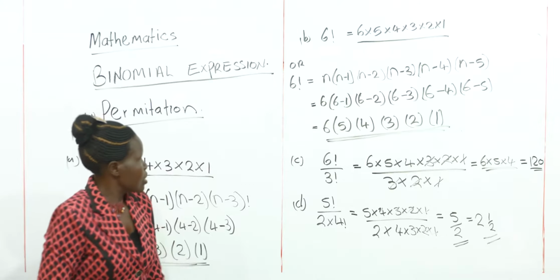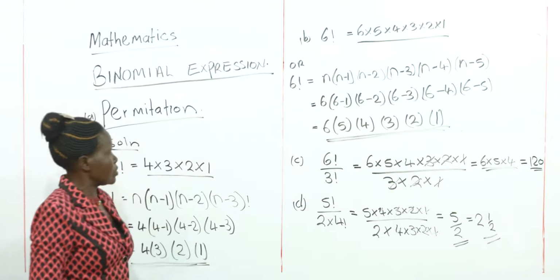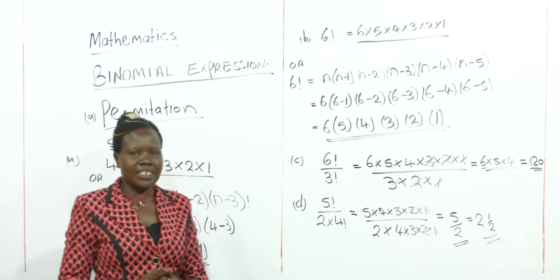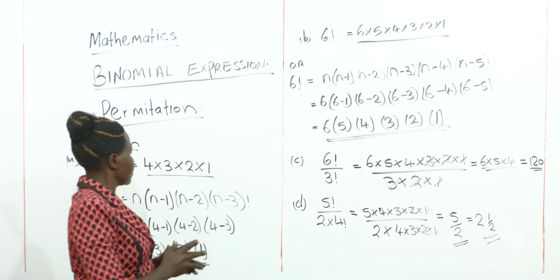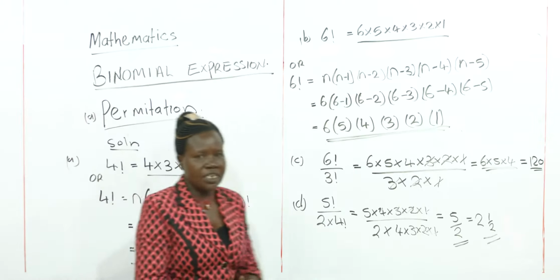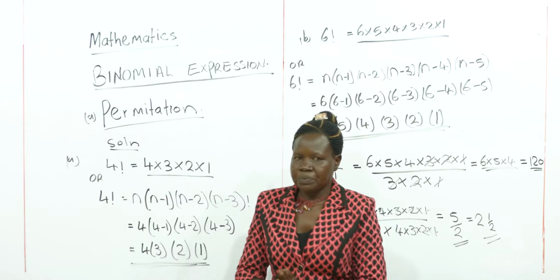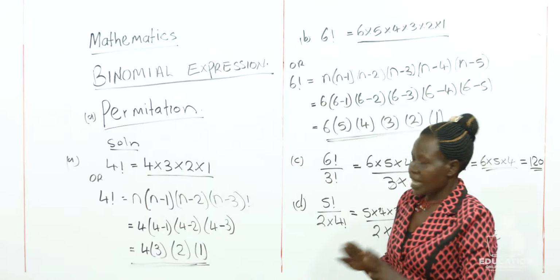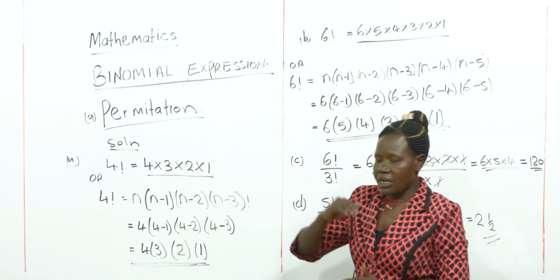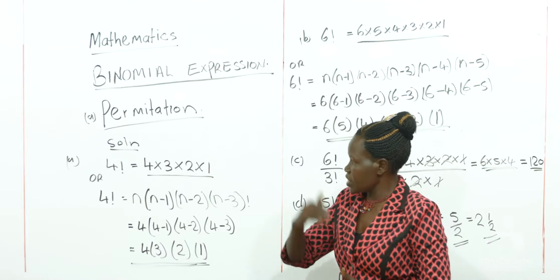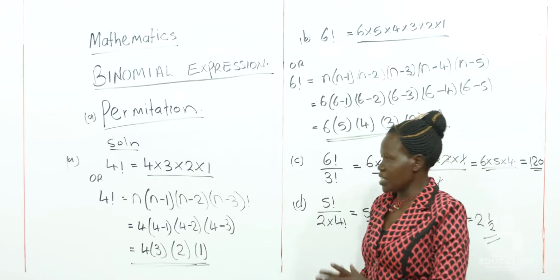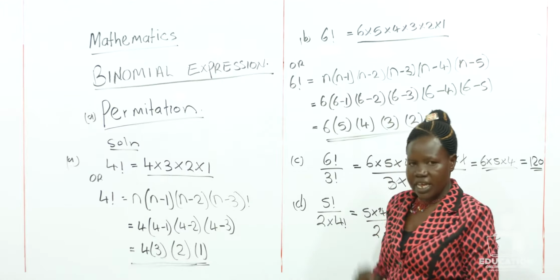So dear learners, with these examples, I believe that you have at least picked something on how to deal with permutation. And I conclude by saying that permutation is the arrangement of elements, or taking elements from a given set, but the order must be considered, and the order here is descending order.